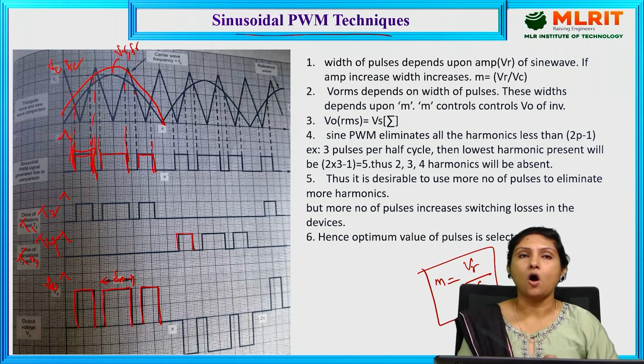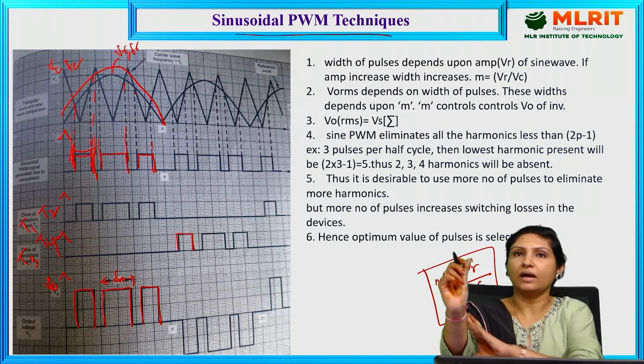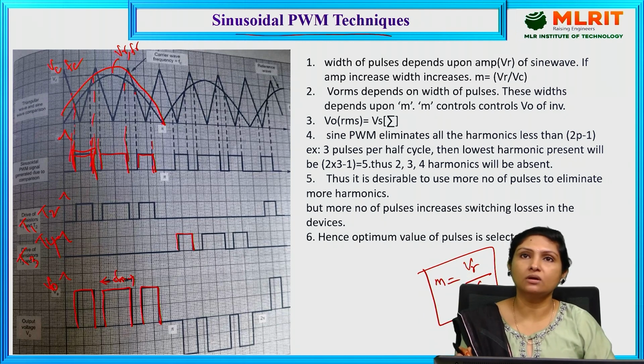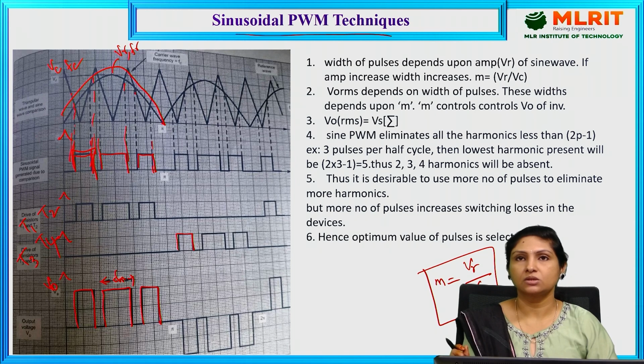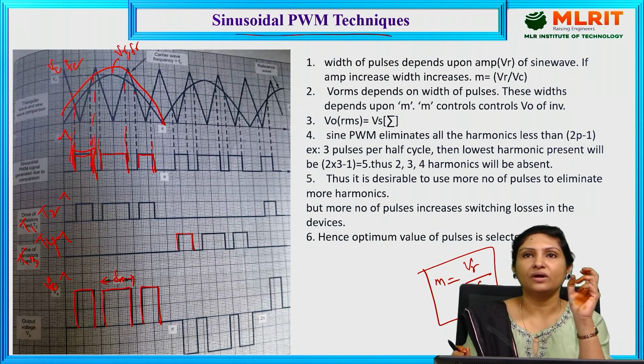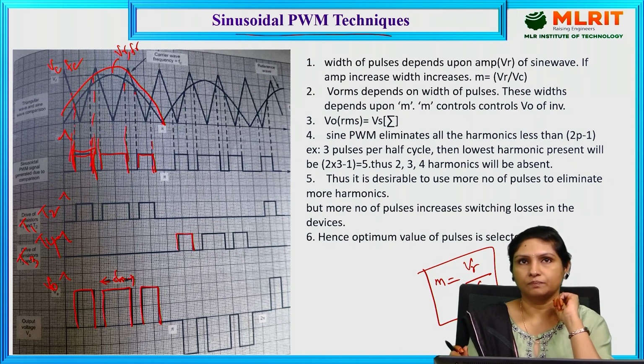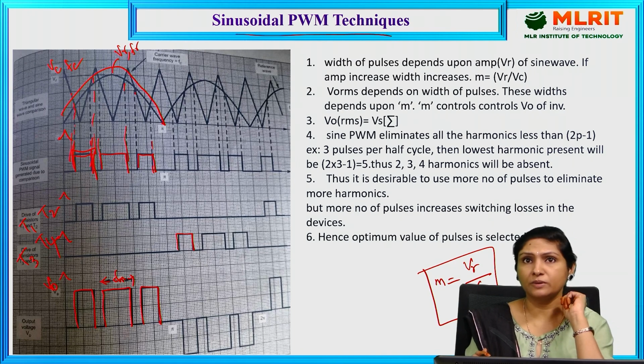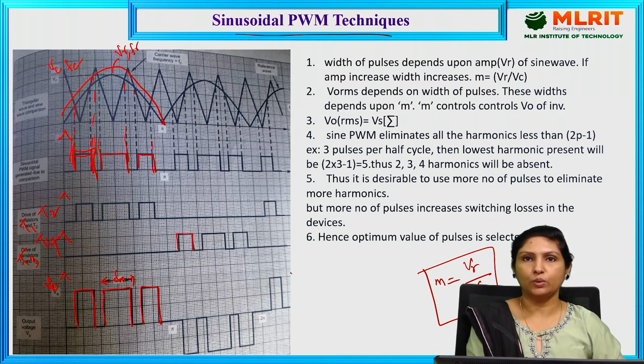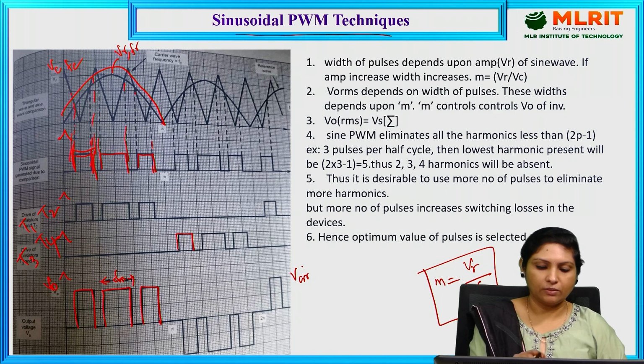And here the output RMS voltage depends completely upon the width of the pulses, and these widths depend upon the modulation index. So if we are controlling the modulation index, we are actually controlling the output voltage of the inverter.